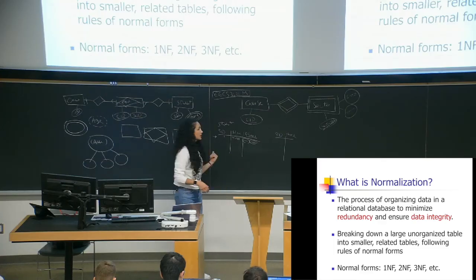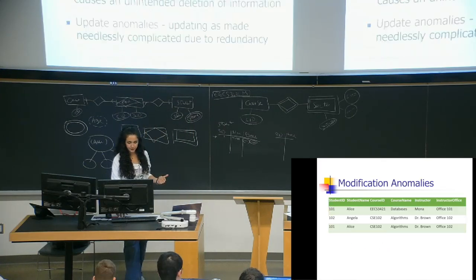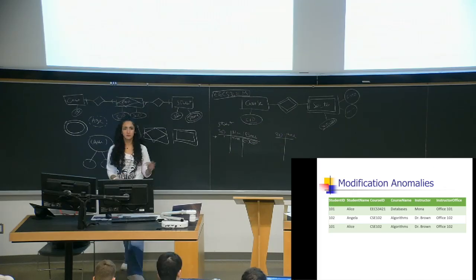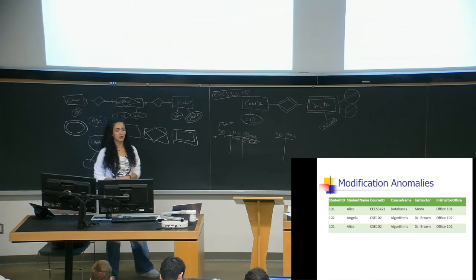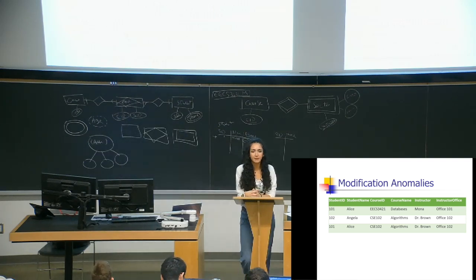So let's say I have a table like this. We have a student ID, name, course ID, course name, instructor, instructor office. Okay? What is the problem here? Or do we have any problem?